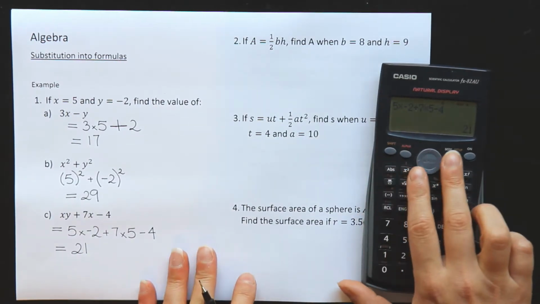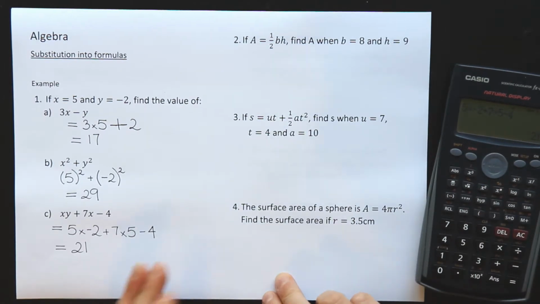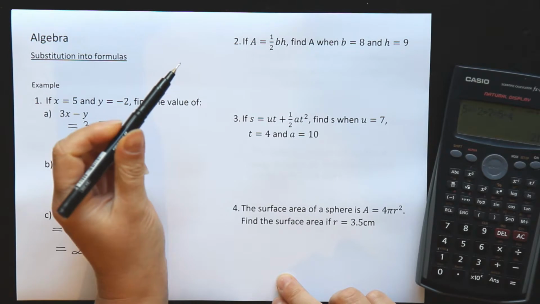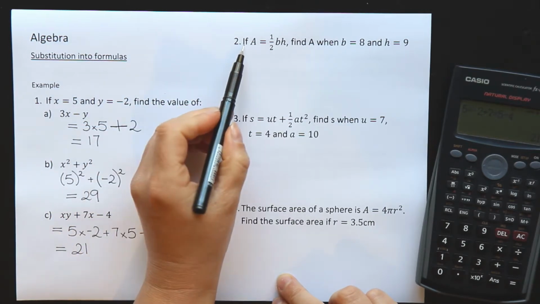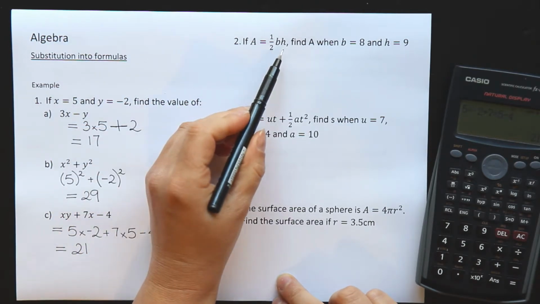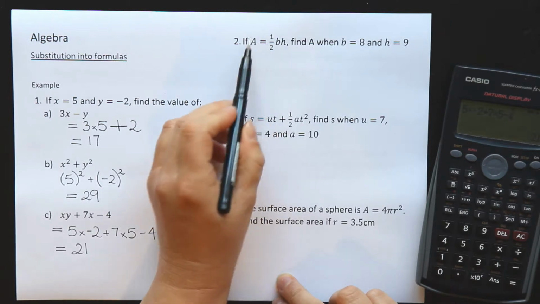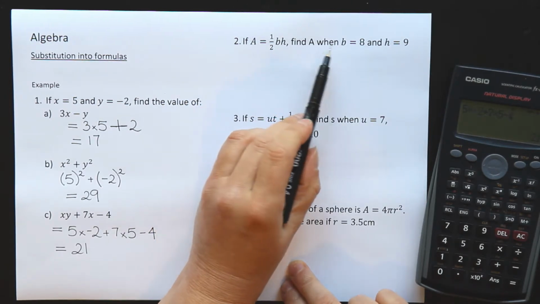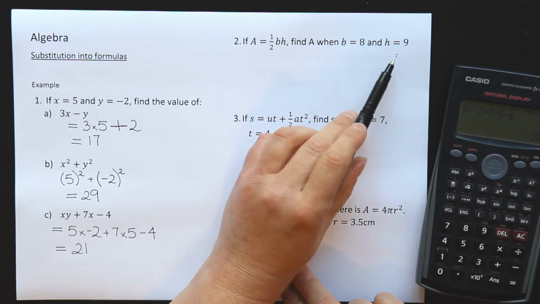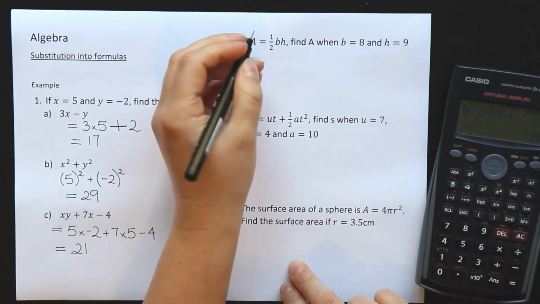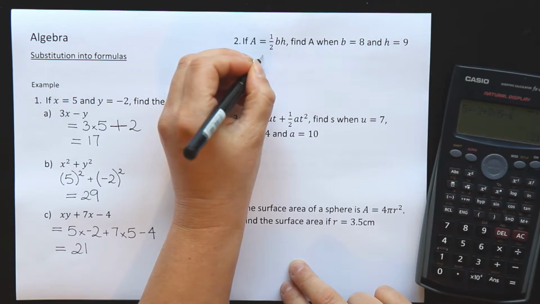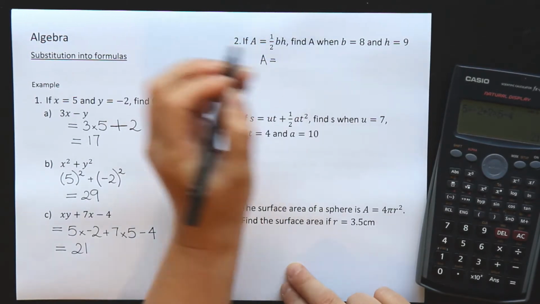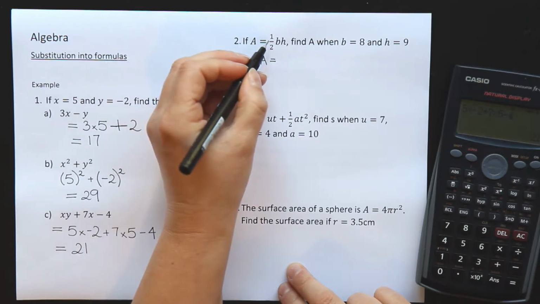Okay, so now question 2, I have some formula to substitute into. So this formula here, if A equals half BH, you might recognize that formula. It's the area of a triangle formula. It says find A when B equals 8 and H equals 9. So we're going to rewrite our formula, substituting in our new values for our pronumerals.